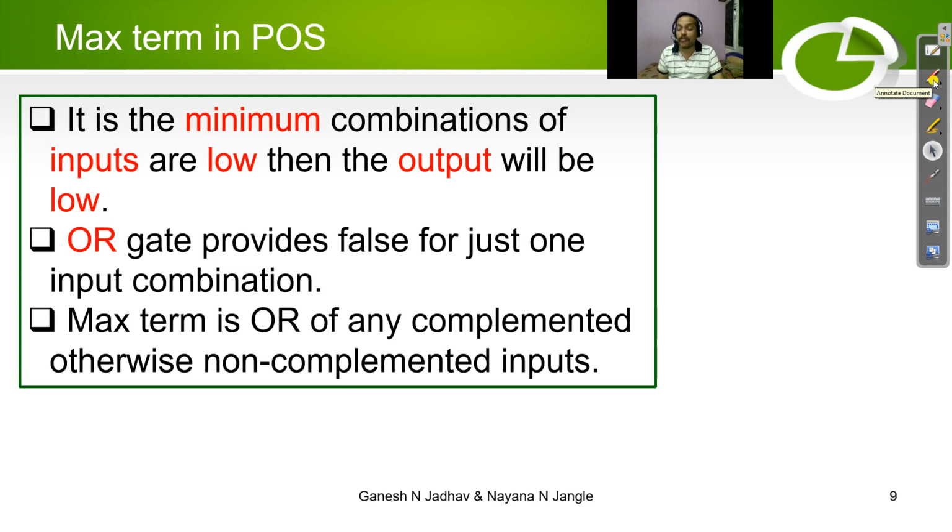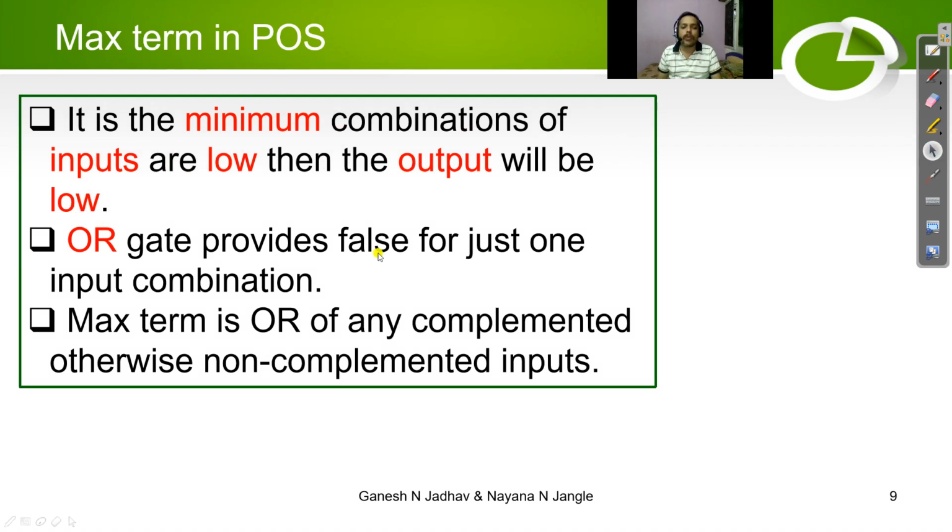It is very difficult to understand this definition from words, so we will see an example. We have to take low inputs to produce the low output. In the SOP it is exactly different: high input, high output. In POS it is low input, low output. Keep this in mind, and then we can proceed.